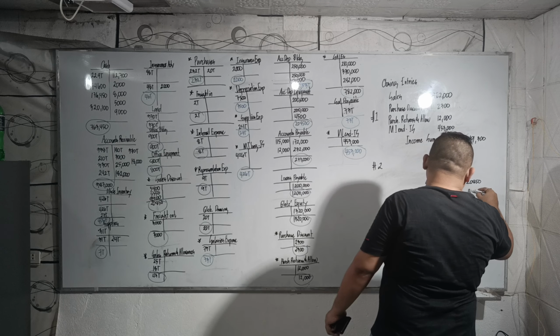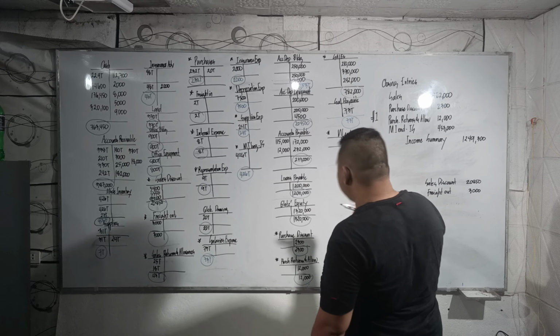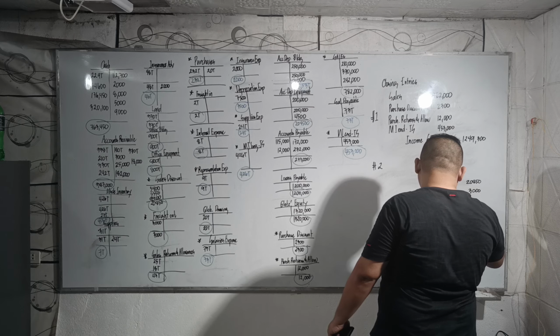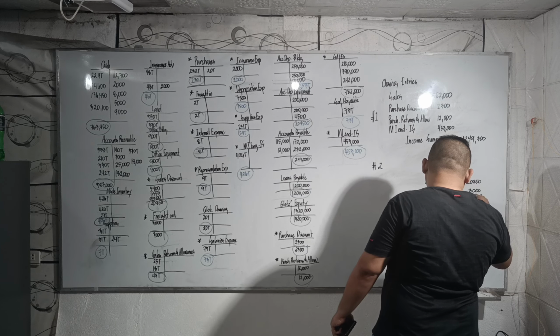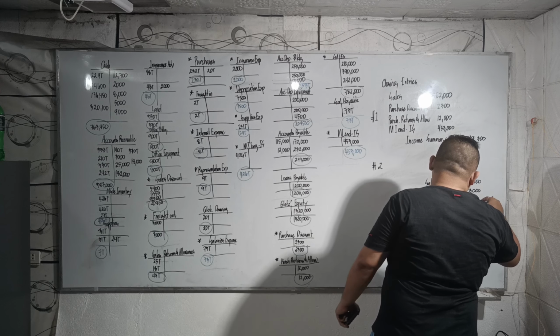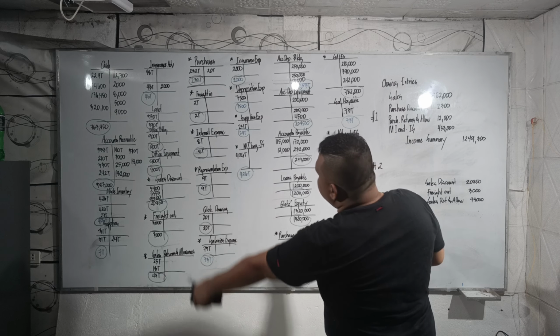It's 3,000. And then the next is sales returns and allowances, which is 43,000. So we're through with the first column.